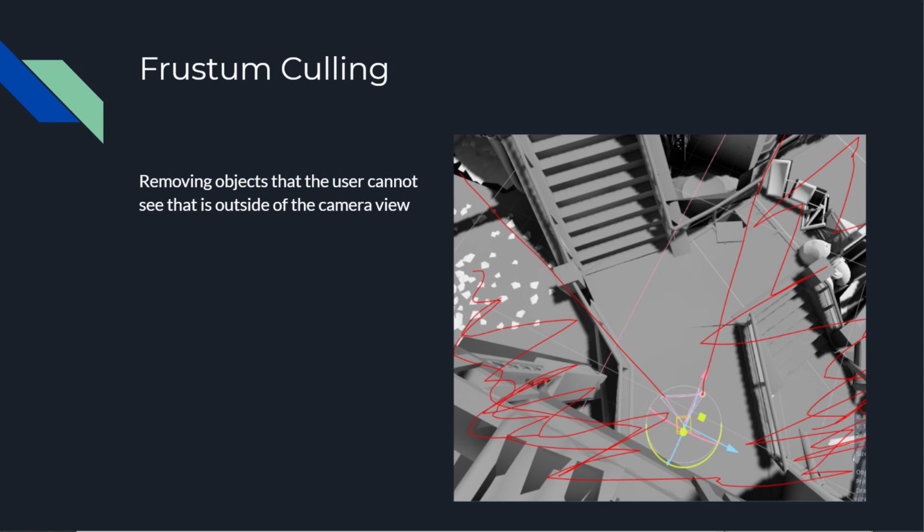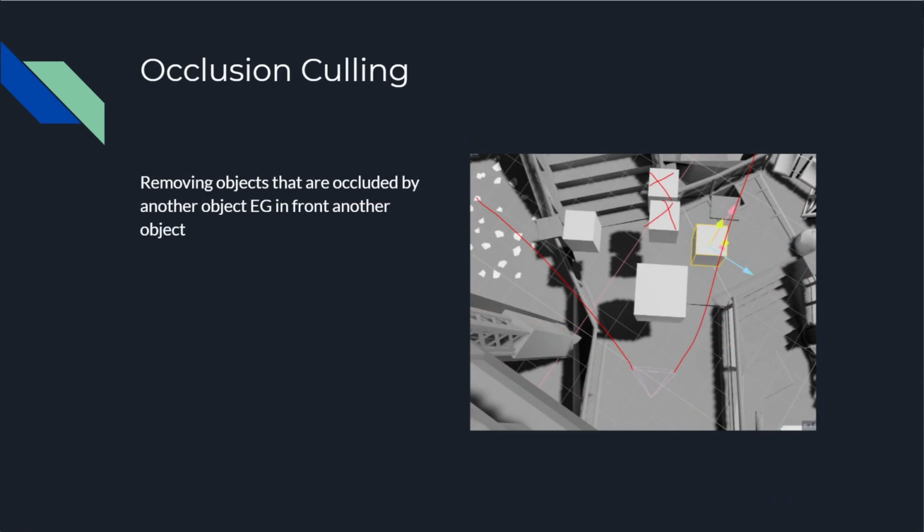Now, the other major culling type is called occlusion culling. Occlusion culling uses rays that the camera shoots out, like ray casting from the camera, and it determines if things are being touched, if it can see them.